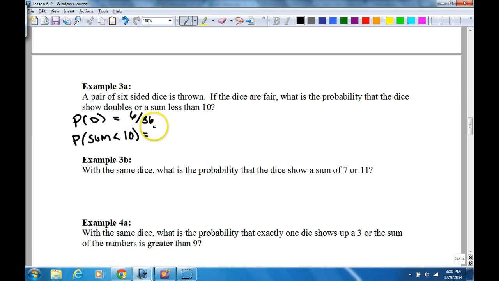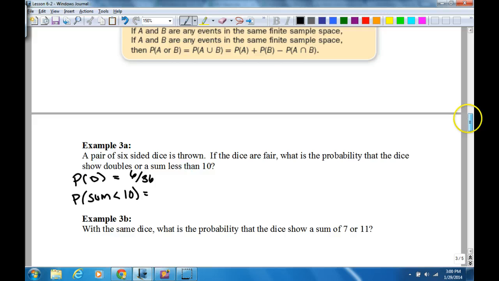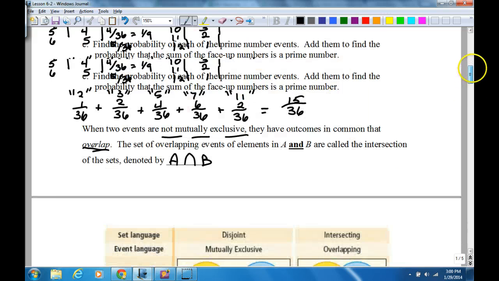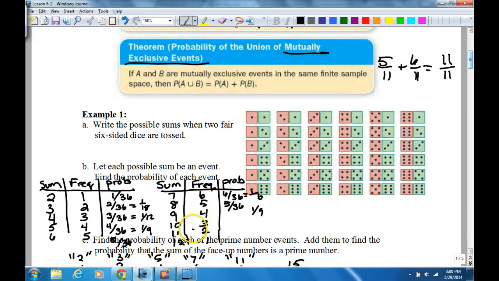If you go back to that page, you can add them all up, because there's only a few that aren't. How many do we have with a sum of 10 or greater? Right here, there's 3, plus 2 is 5, plus 1 is 6.